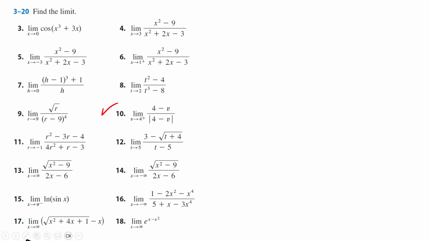Right, so we're good. I got the answer. What answer did you get? Positive infinity. The infinity symbol is appearing very often.